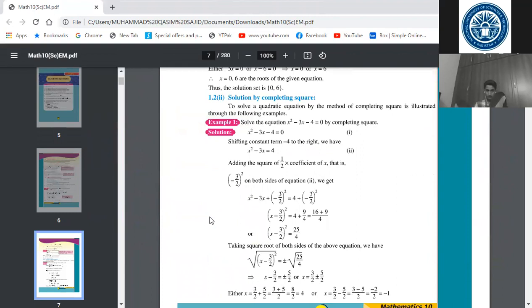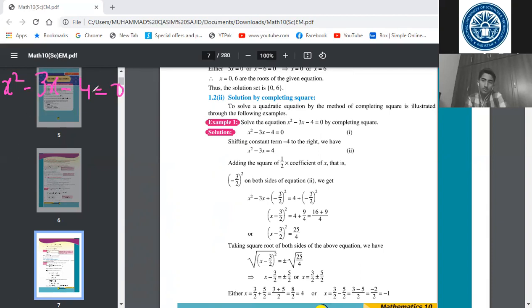So how to complete a square? For example, the equation given is x square minus 3x minus 4 equals to 0.